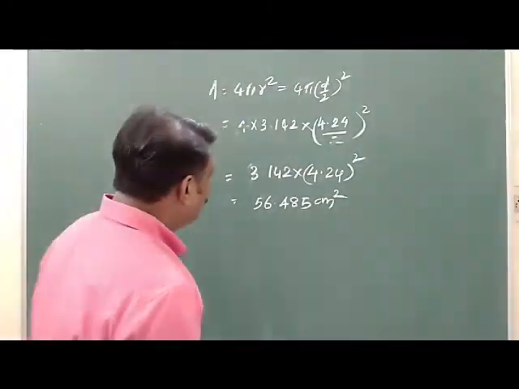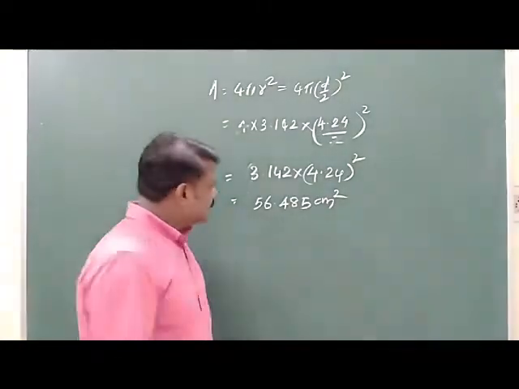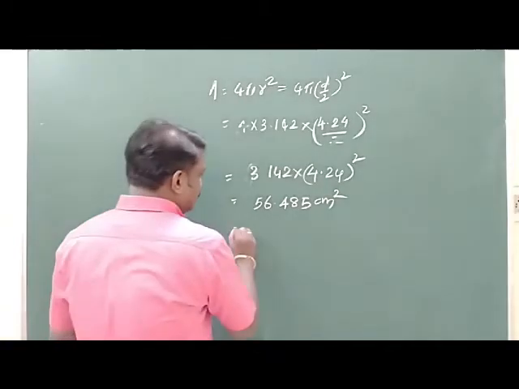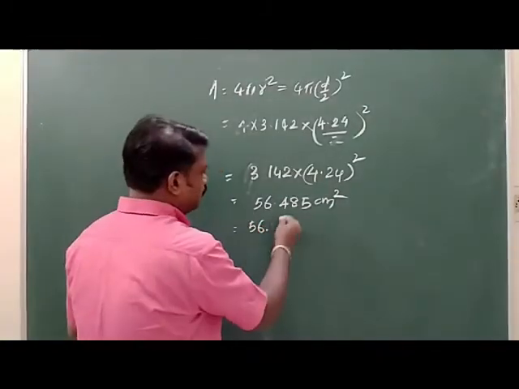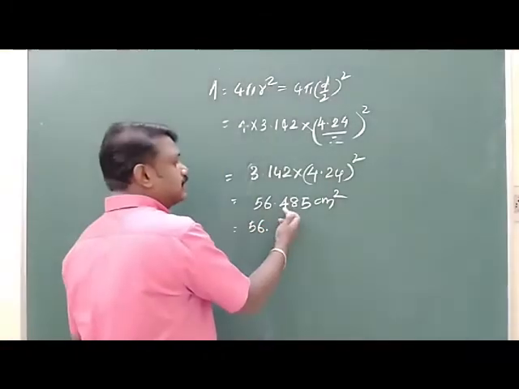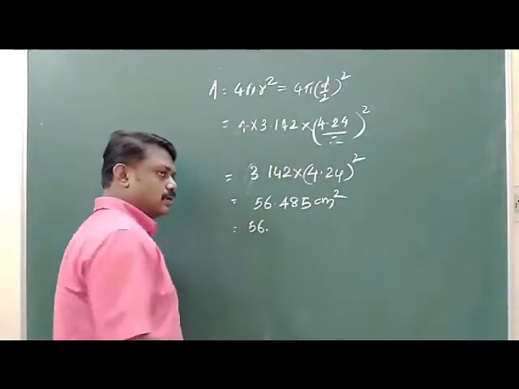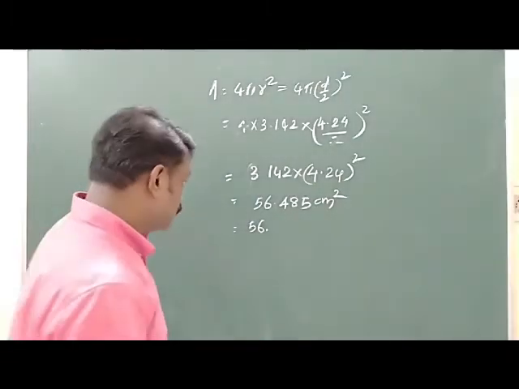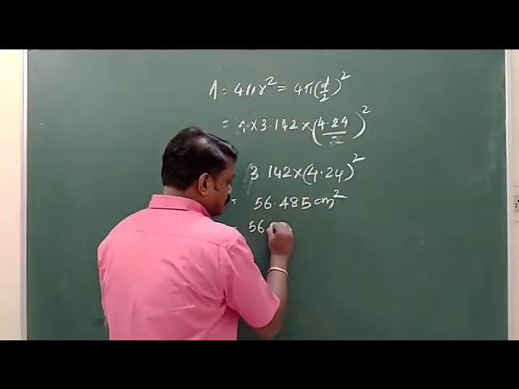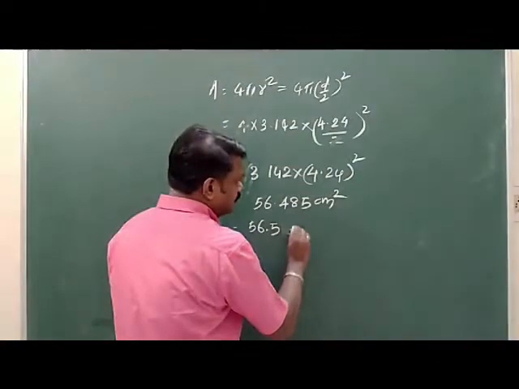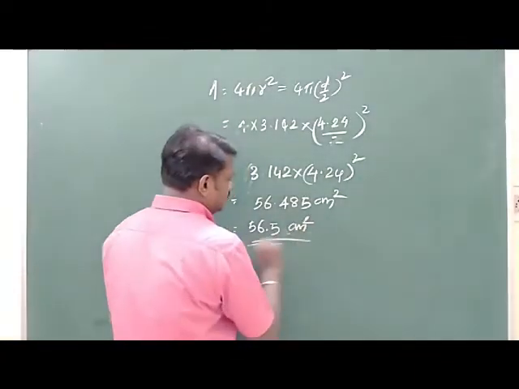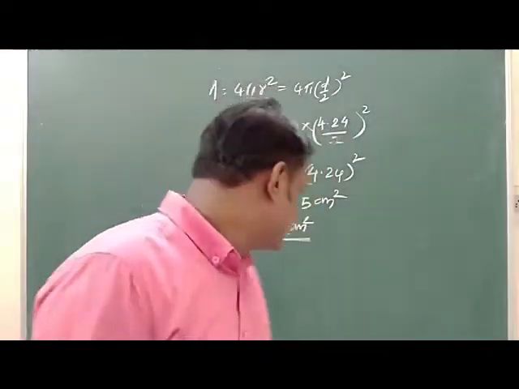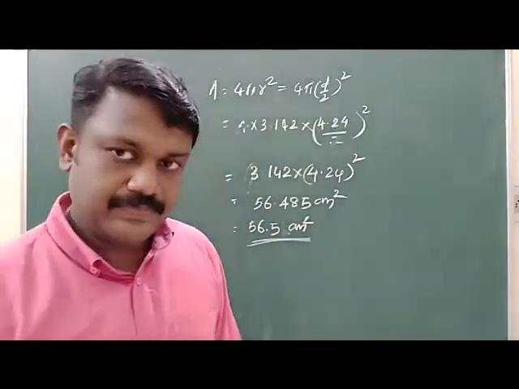So you have to convert this final answer into 2 significant figures. So that will become 56.4. One more digit you have to add: the digit next to 4 is 8, which is greater than 5. So you have to keep 4 as 5. That is 56.5 centimeter square.